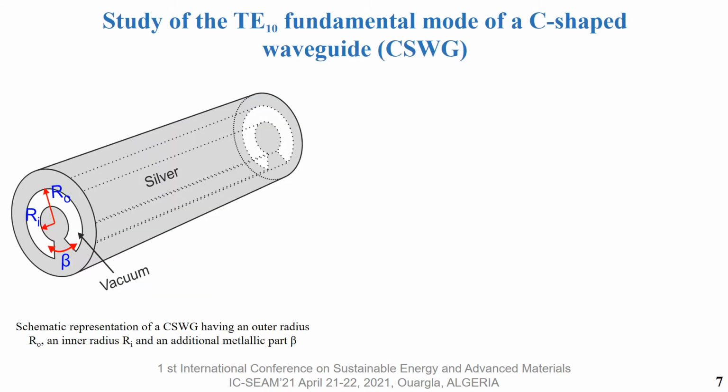Here we show the schematic representation of a C-shaped waveguide constructed from a classical cylindrical waveguide to which we add a metallic part controlled by the angle beta. Rho and Ri are respectively the inner and the outer radii of the classical cylindrical waveguide. First, we have to confirm the nature of the C-shaped waveguide fundamental mode. To do this, we inject a random signal near the structure in order to excite all the cavity frequencies.